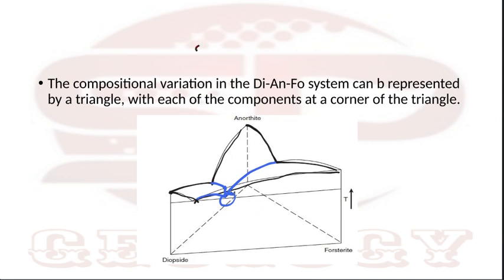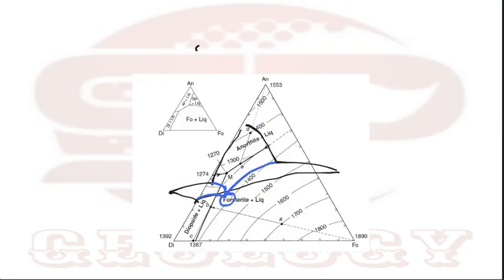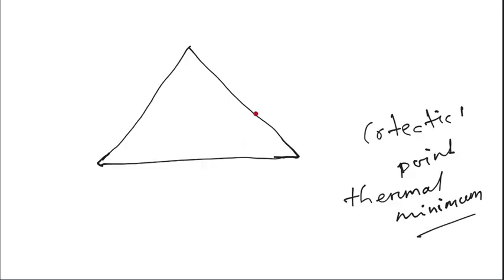When you see this from the vertical side, we can see it like this: the diopside, anorthite, and forsterite system. In this case, this is the X, this is the Y, and this is the Z. The cotectic curves of XY, YZ, and ZX are meeting at this point.